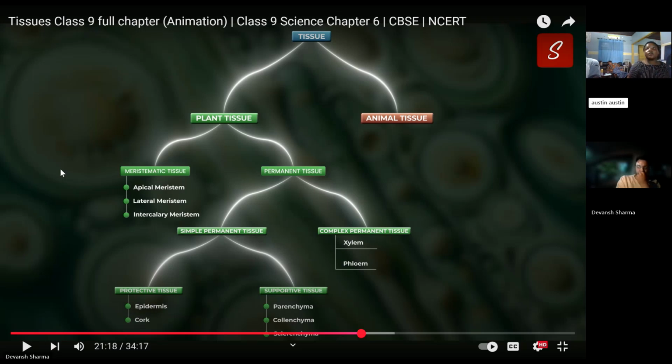What is epidermis? See, when you break the term epidermis, epi means first, dermis means layer.